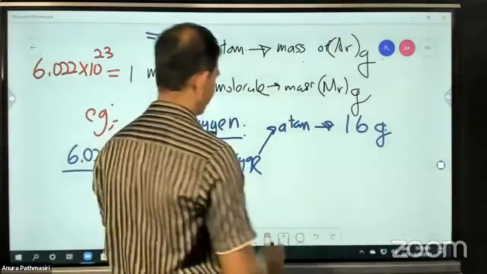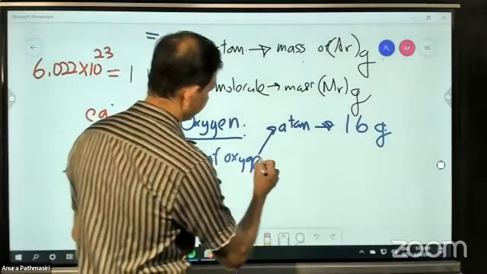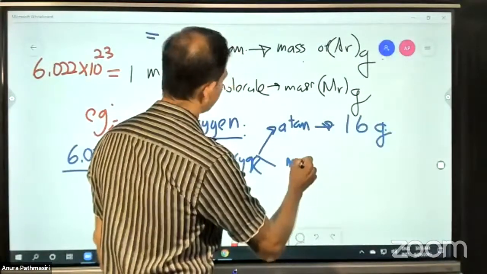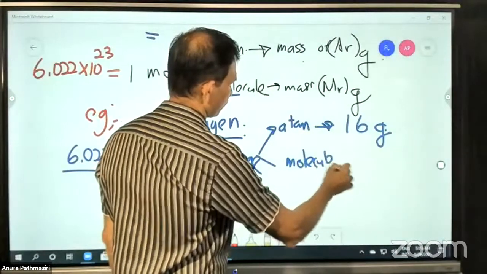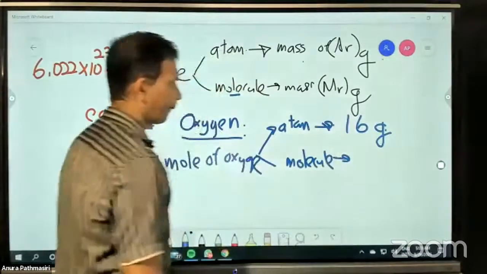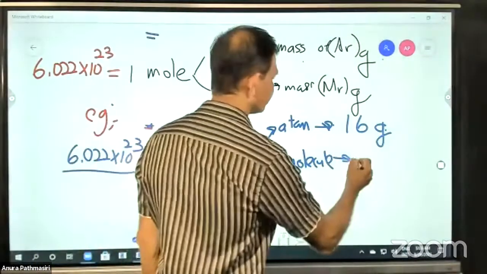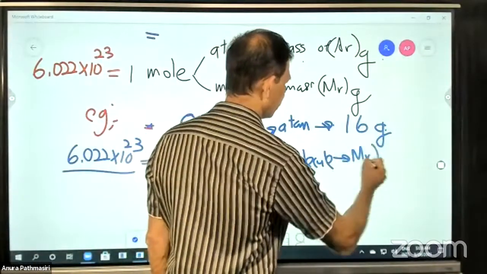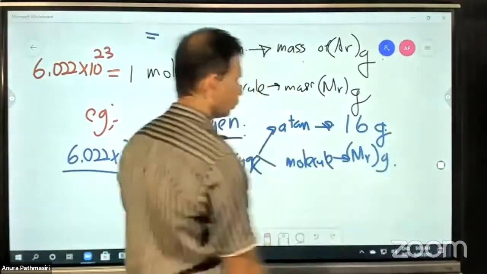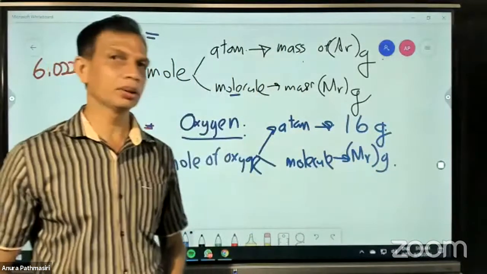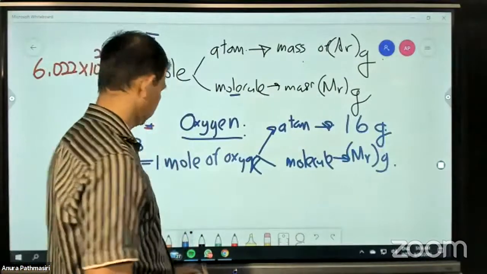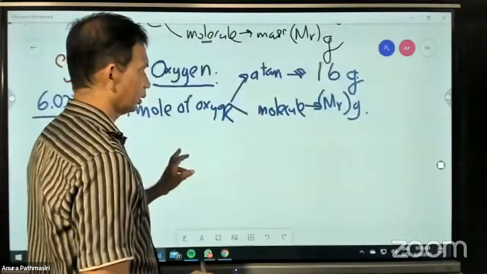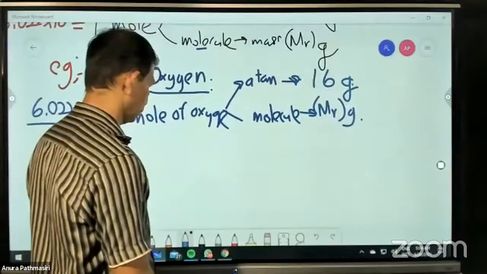What about the molecules? If you consider molecules, what is MR in gram? What is the relative molecular mass of oxygen? 32 gram. How you get that one?